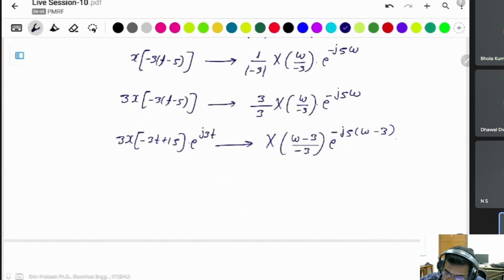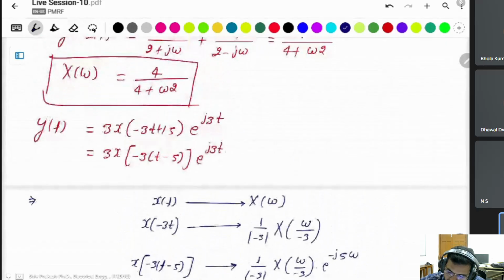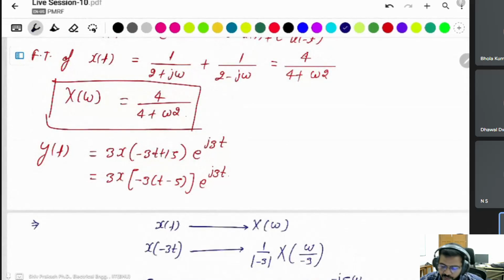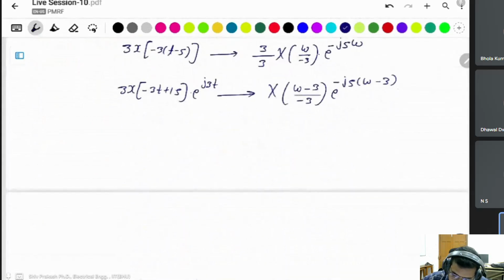You have to change this much in your X(omega). What is the X(omega) of yours? You know X(omega) is given as 4 divided by 4 plus omega square.